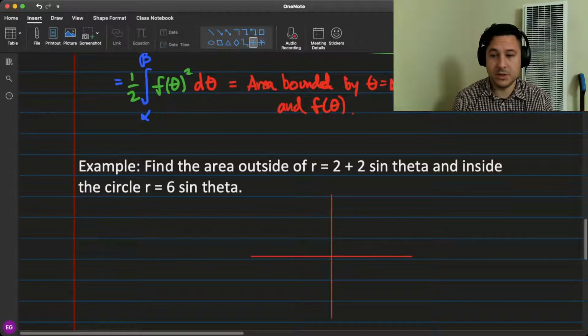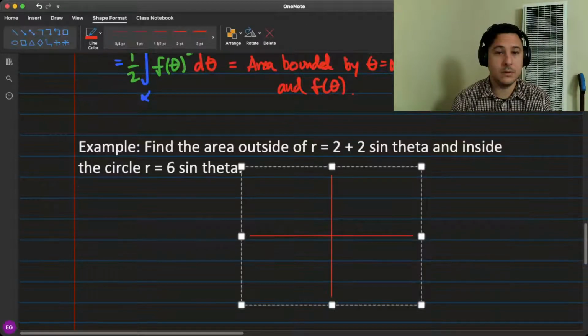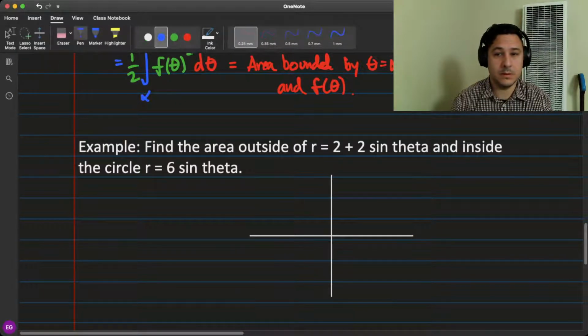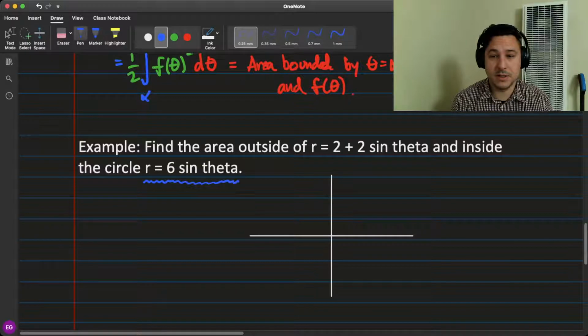So it helps to draw these things. Okay, so let's draw the circle r equals 6 sine theta first.